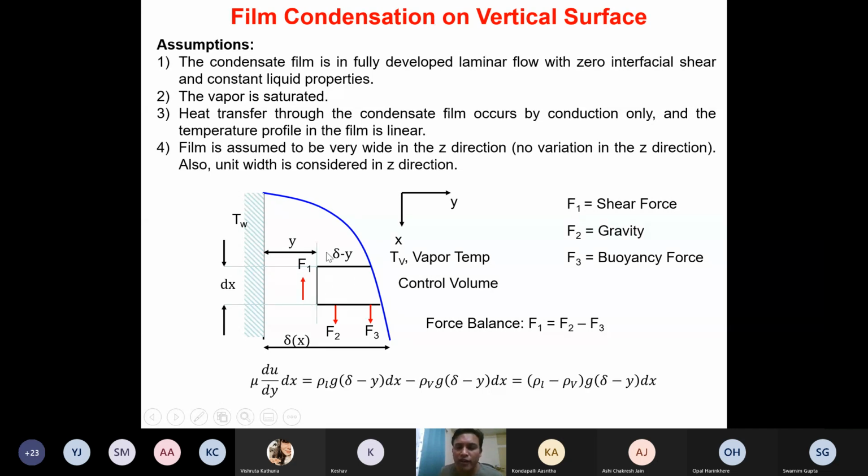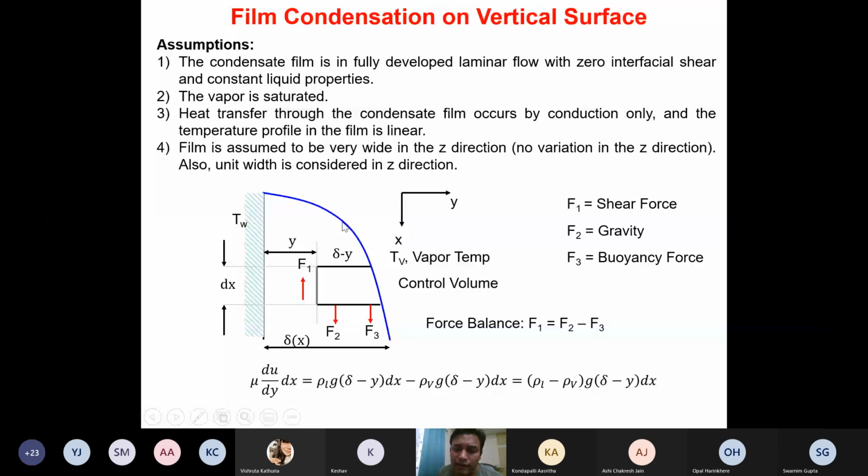The forces acting on this particular element are, so there is a shear force which is acting in the upward direction, because that is going to oppose the movement of this particular element downward, isn't it? This element is going to move downward because this liquid is flowing downward in a film. So shear force will be acting in an upward direction. Similarly, the weight of this particular element will be acting in a downward direction, so that will give you gravity.